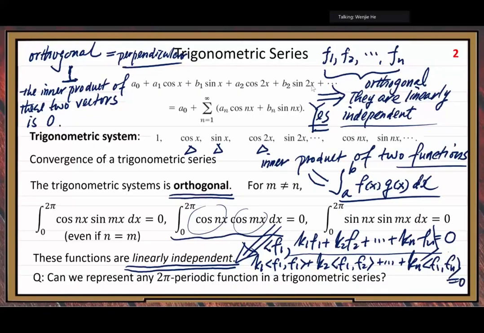Then, by the linearity property of the inner product, we can factor and split the inner product.